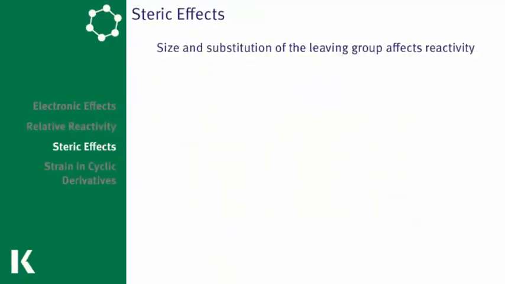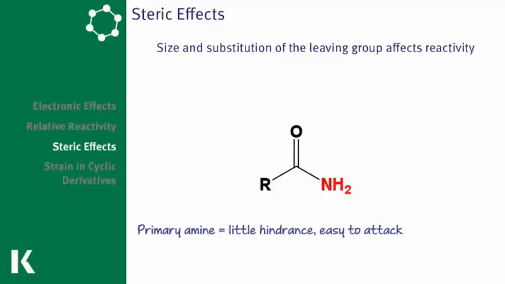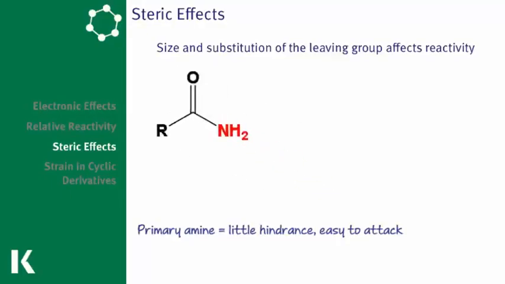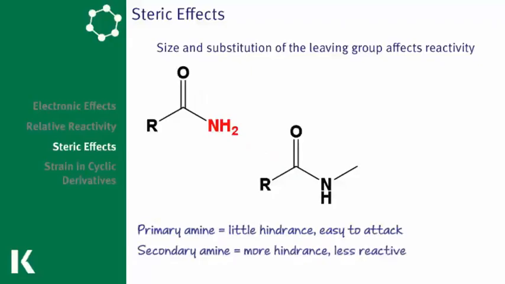In addition to the relative electron density of the parent compound, the size and degree of substitution of the leaving group will also play into the molecule's reactivity. Take, for example, an amide. The primary amine substituent is quite small, and so the degree to which it blocks access to the carbonyl carbon is almost negligible. For a secondary amine substituent, the added methyl group introduces a bit more steric hindrance and thus reduces the carbonyl's reactivity.